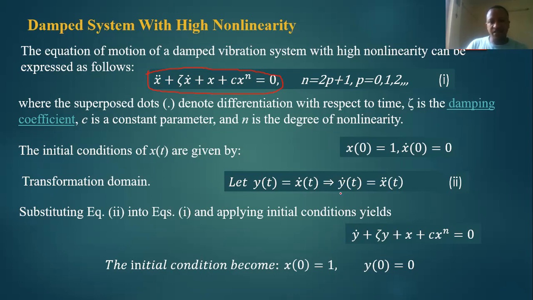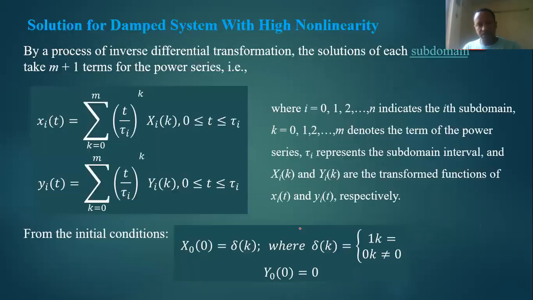Applying this to the previous equation, we get y dot plus zeta y plus x plus c x to the power of n, which is equal to 0. Now the initial conditions become x of 0 equal to 1 and y of 0 equal to 1, which are the given initial conditions.